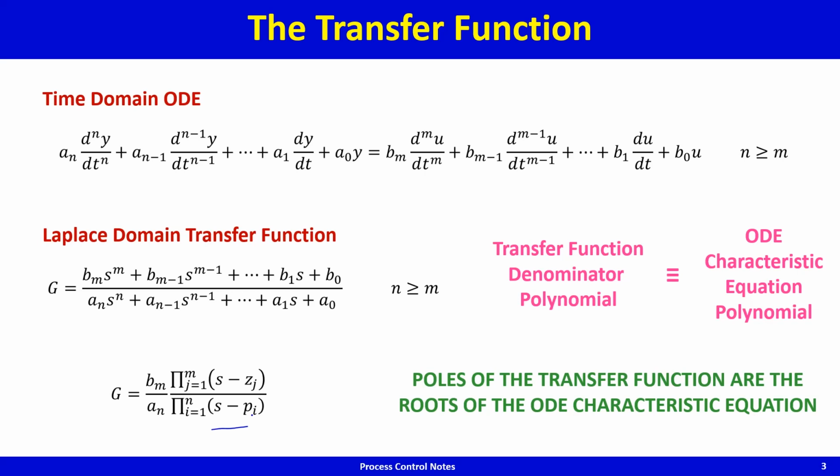So what are the roots of the characteristic equation? They correspond to poles of the transfer function in the Laplace domain. So ODE characteristic equation roots in the time domain are equivalent to Laplace transfer function poles in the Laplace domain.